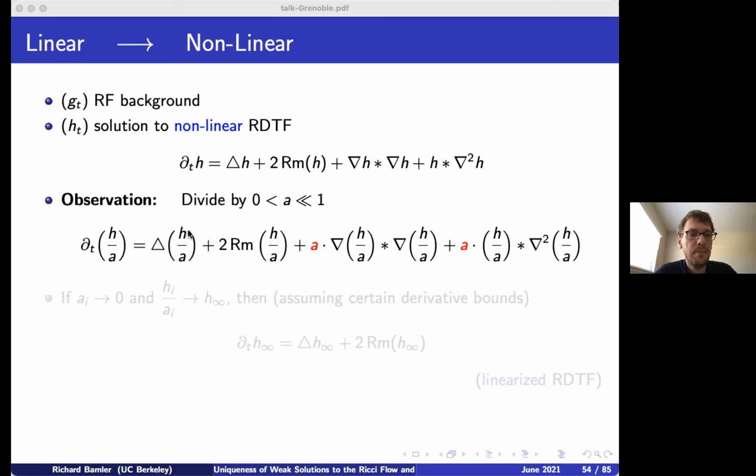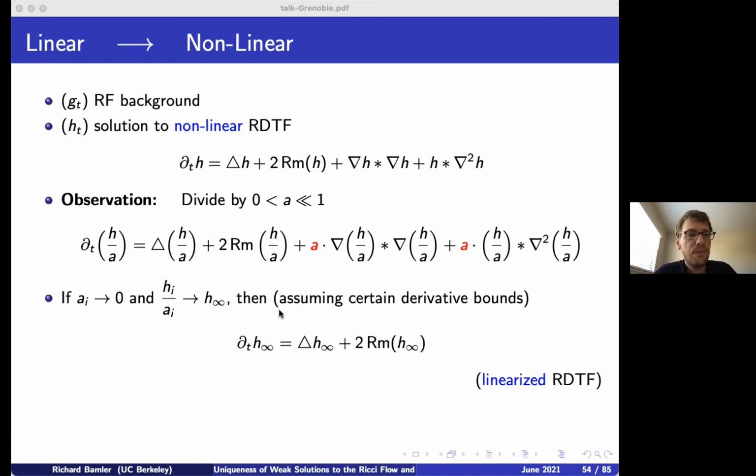So maybe the norm of h is approximately a. And so what I can do is divide this equation on both sides by a. So I put a divided by a everywhere. But now here are these quadratic terms. So if I put an h divided by a everywhere, I get an extra a factor here.